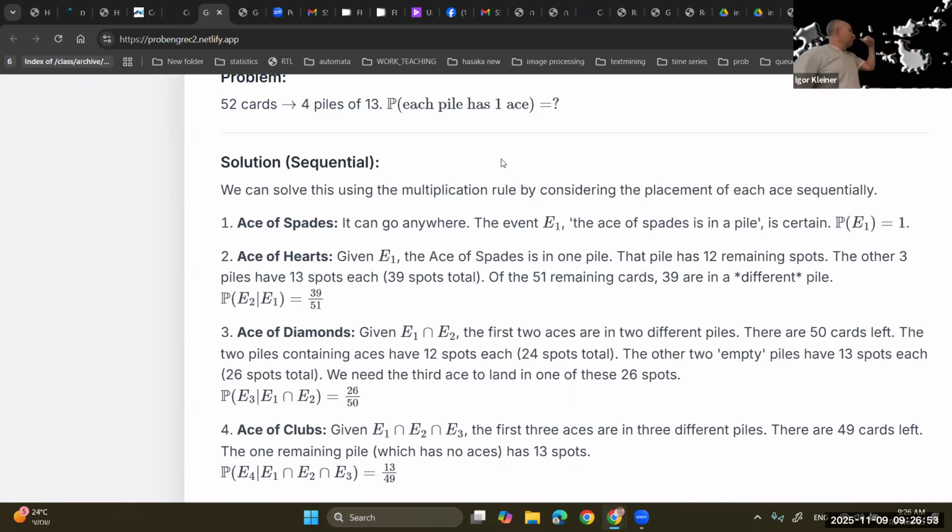So the catch of this solution is that the probability that each person will get one ace equals the probability of the intersection of these events. And this equals, by the chain rule, the probability of E1, times the probability of E2 given E1, the probability of E3 given E1 and E2, and the probability of E4 given E1, E2, E3.